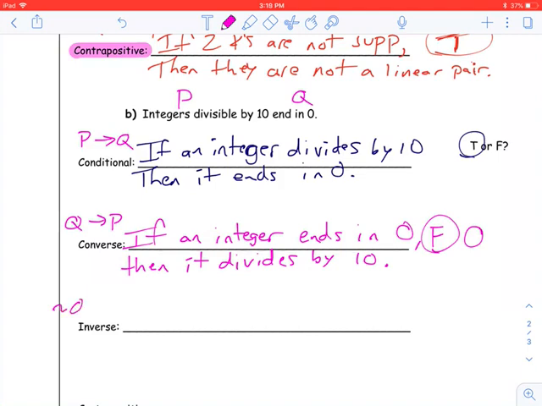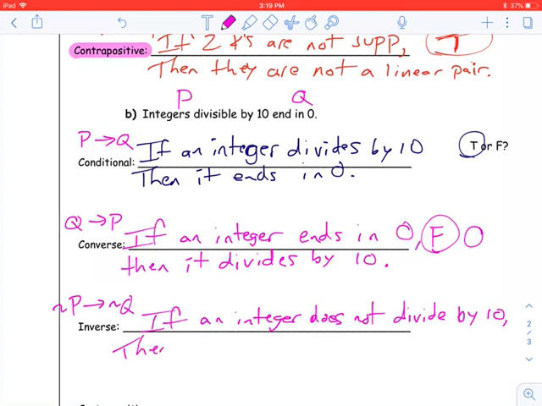So not P implies not Q. So if not P would be an integer does not divide by 10, then it does not end in 0.